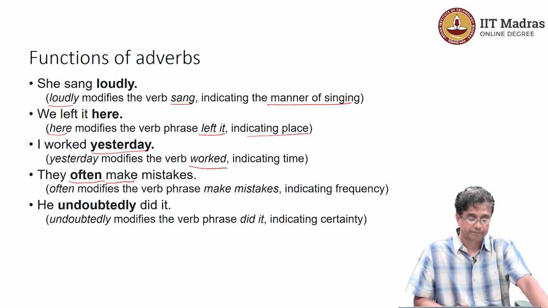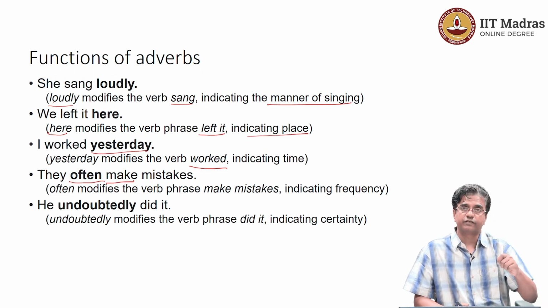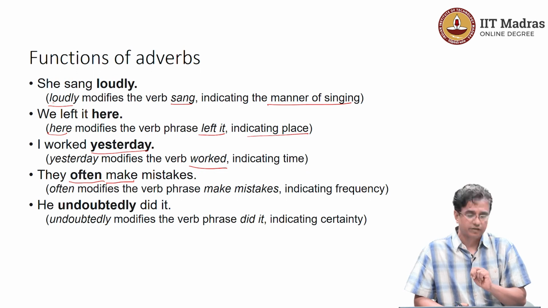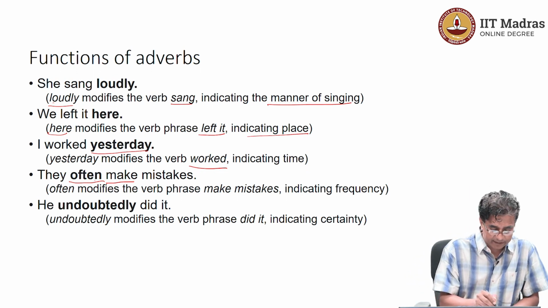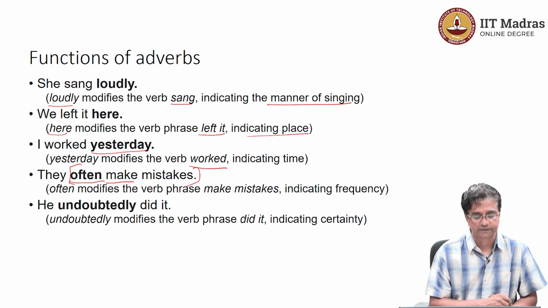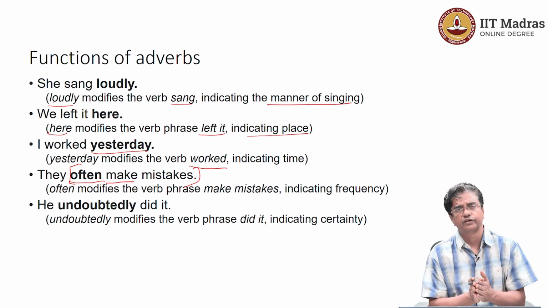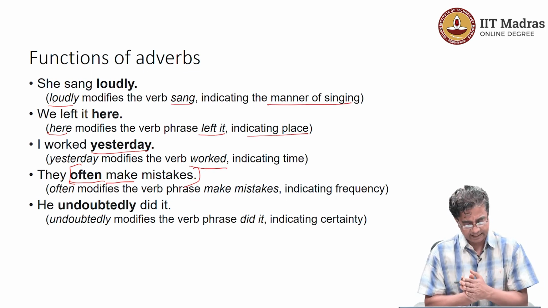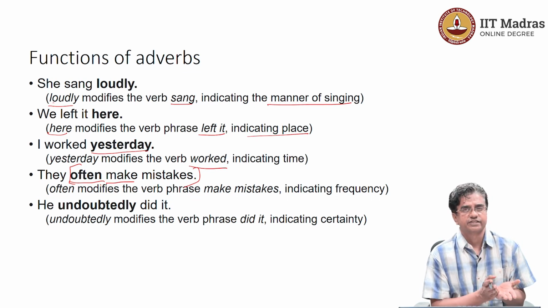It seems like the adverb is inserting within the subject and the verb. That's not really true. What's happening is the adverb is at the initial position of the predicate. So they often make mistakes. We can also say they make mistakes often, or we can say often they make mistakes, because it is structurally fluid in nature.